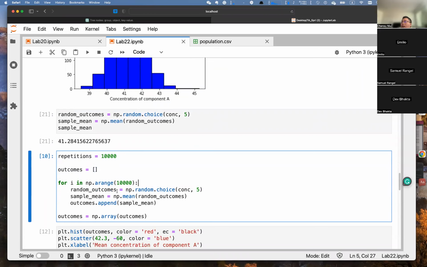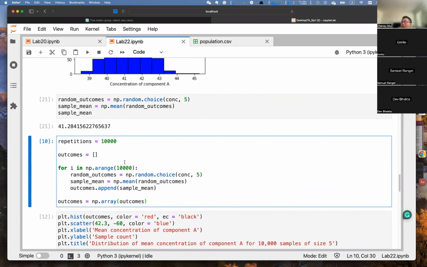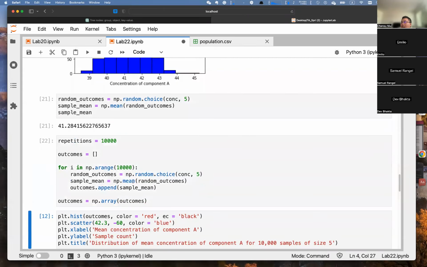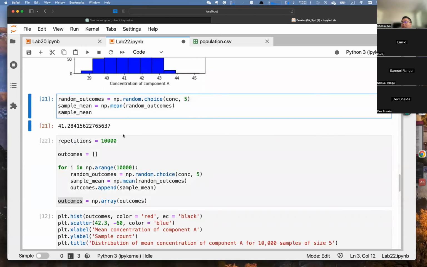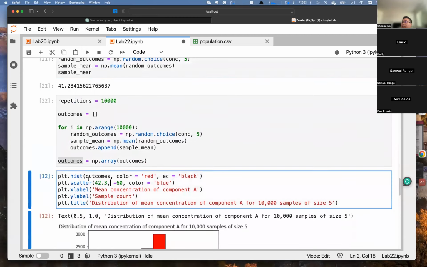So for loop, NumPy choice, conc 5 a mean value, and append each mean value to the NumPy array outcomes. So after you write, it is like 10,000 numbers about the mean value of each experiment, and print out the draw a figure, histograms.